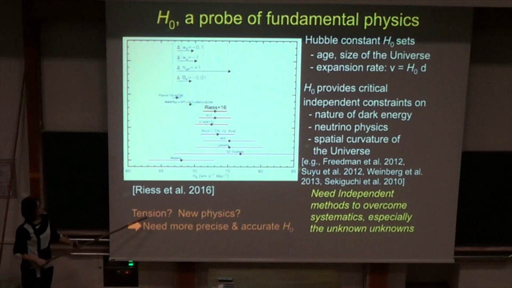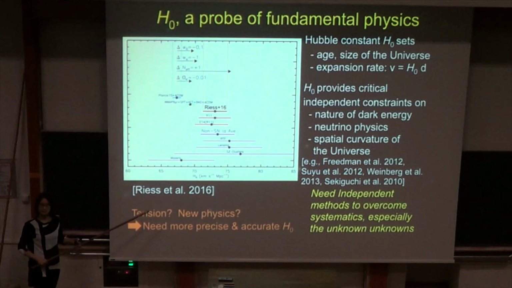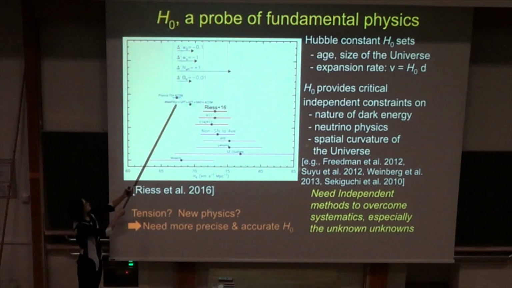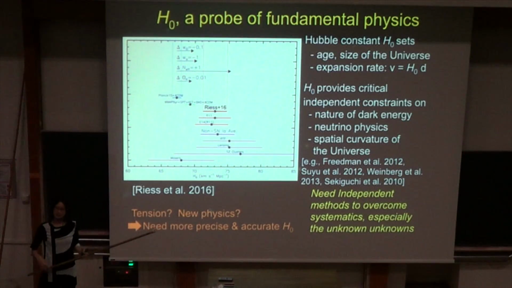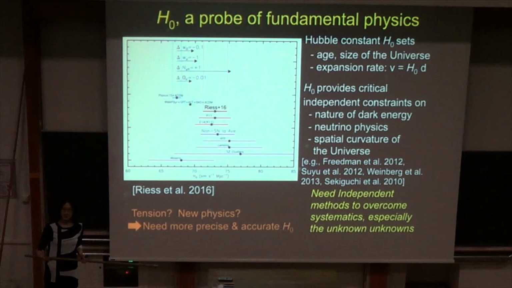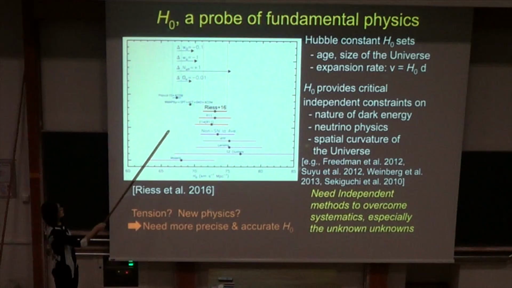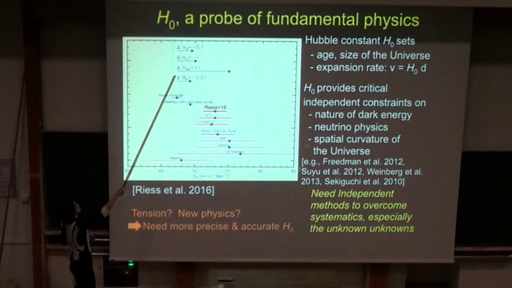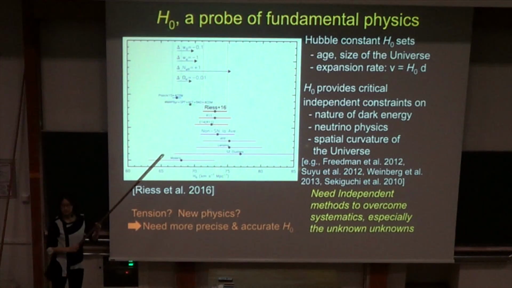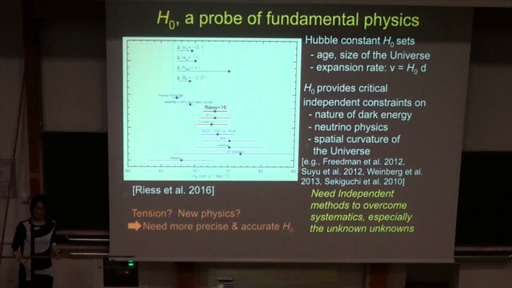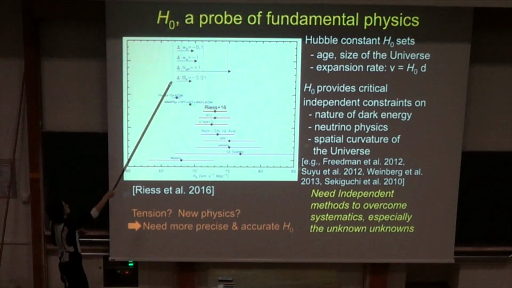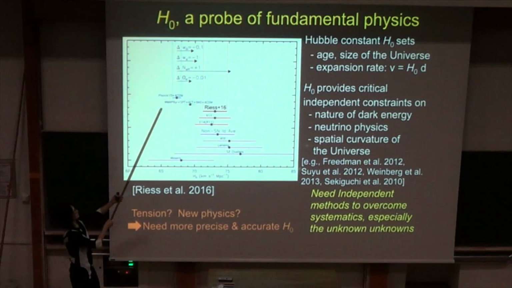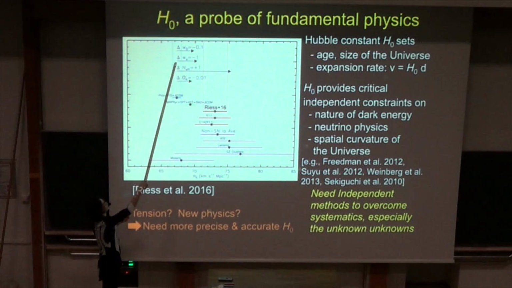This tension, if it is significant, would actually indicate new physics, because this point from Planck assumed that the cosmology is flat lambda CDM. If we go beyond the standard cosmological model, for example, if you have a dark energy equation of state w that is different from -1, or different from the cosmological constant, so if it's more negative, then the H0 from Planck would actually increase, as indicated by these arrows.